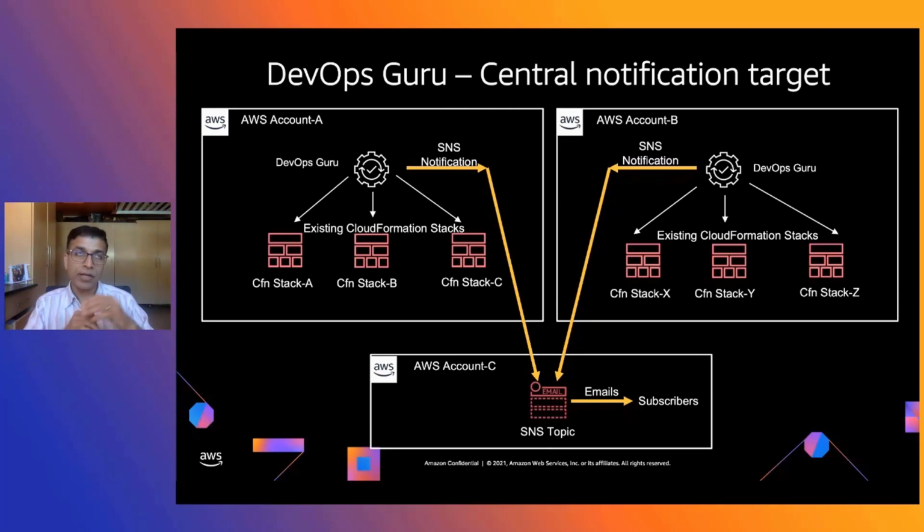As I was mentioning earlier, CloudFormation stack set, we will support even the organization. So if you have multiple accounts or multiple organizational units into which you want to spawn CloudFormation templates for DevOps Guru, you can still do it. Now, coming back to this particular slide, you can have a central account where you want to monitor or basically collect all the insights from various different accounts.